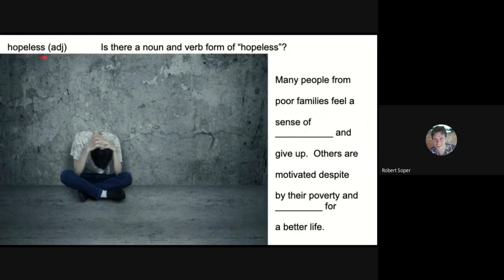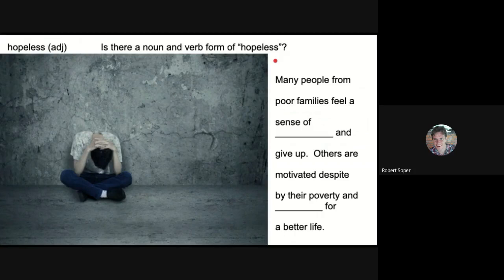Well, to be hopeless is to be without hope. Now, here it's introduced to us as an adjective. But is there a noun and a verb form of hopeless?